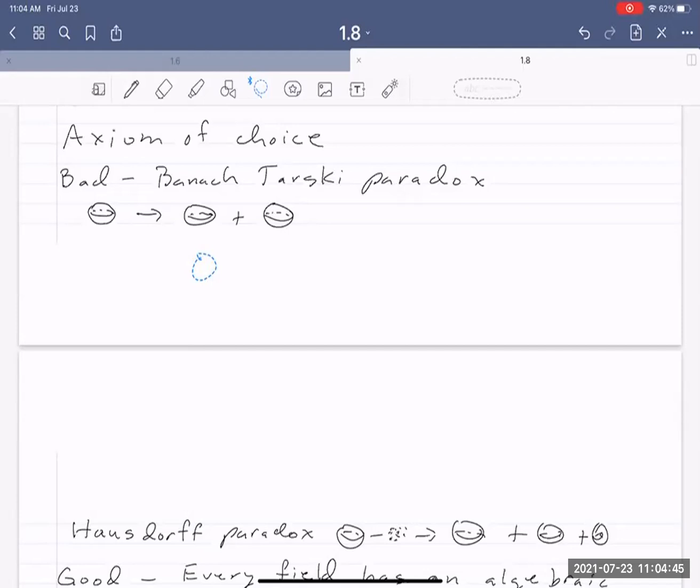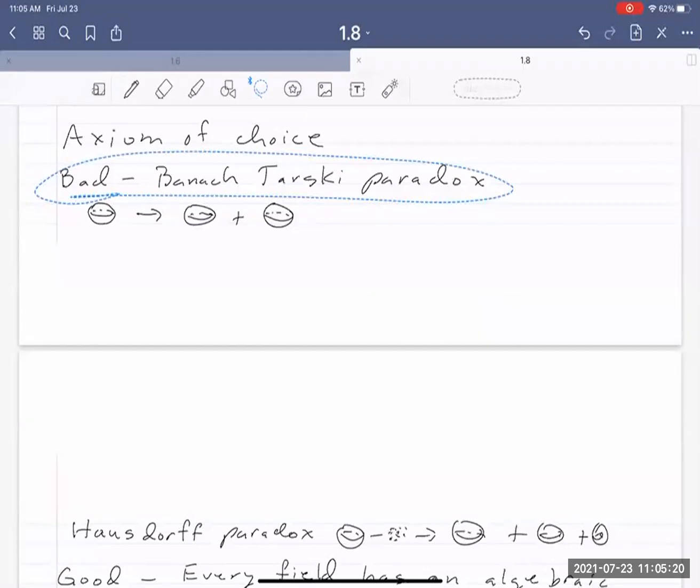In this case, it'll be a lot of pieces, but it's a finite number of pieces. I then move it. And when I reconstruct it, this orange now has the same volume as, let's say, the sun. So you start out with something, you rearrange it, and now it's the sun or something. So that's a bad paradox.